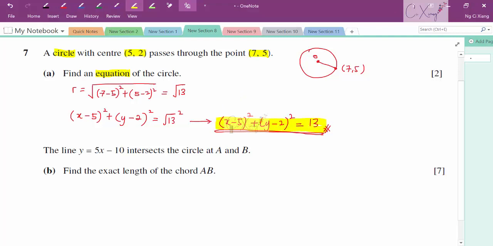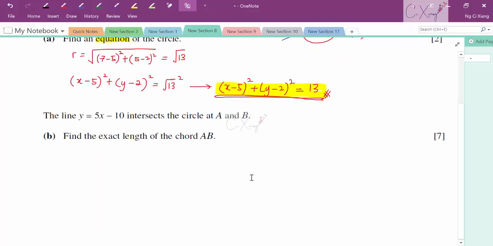All right, after that, there's a line y equals 5x minus 10 that intersects the circle at A and B, and they want us to find the exact length of the chord AB. Okay, so generally, if we have a line passing through A and B, definitely we need to find out the coordinates of A and B first, and after that only we can proceed to find the exact length of the chord AB.